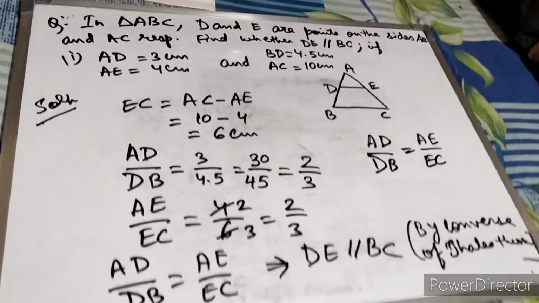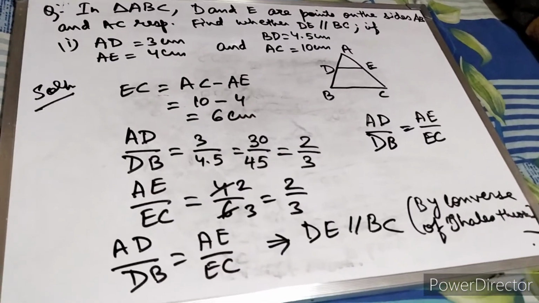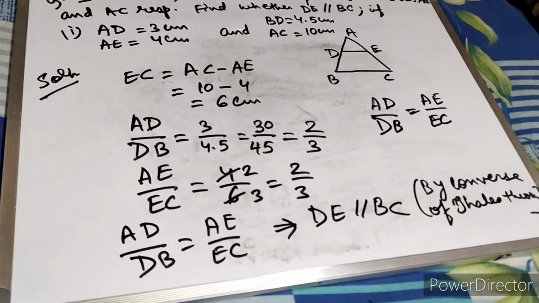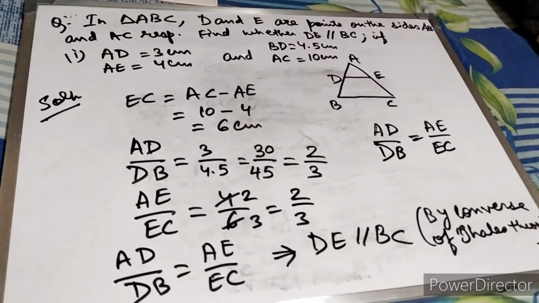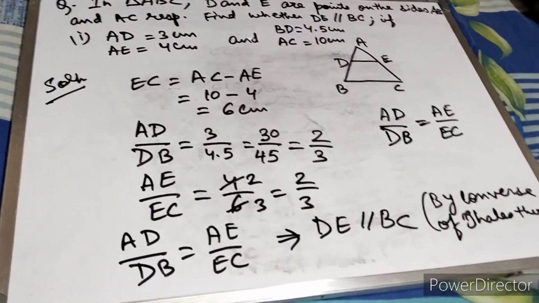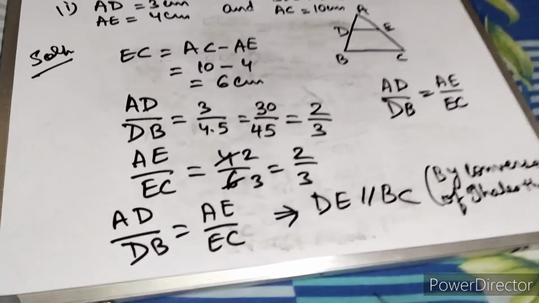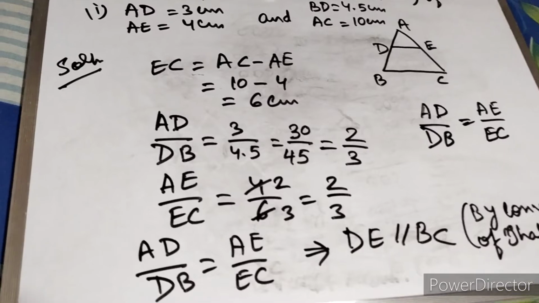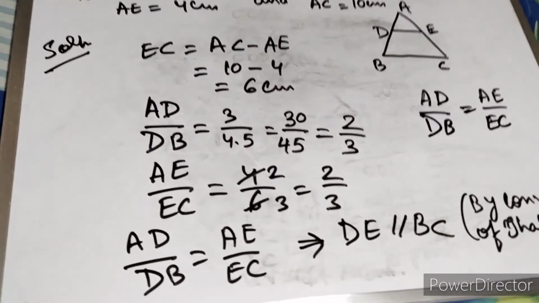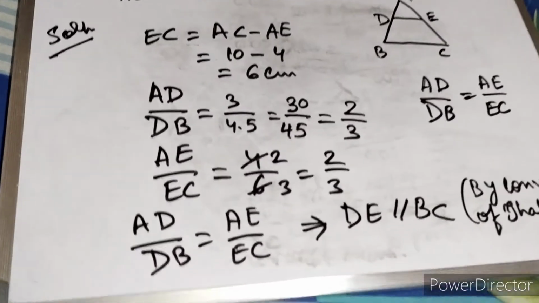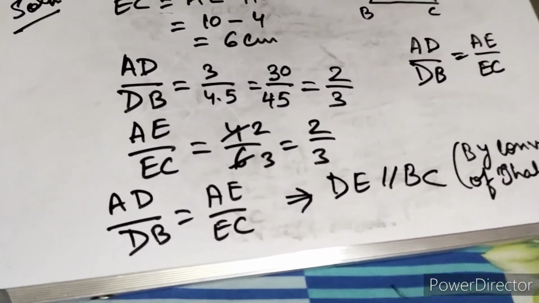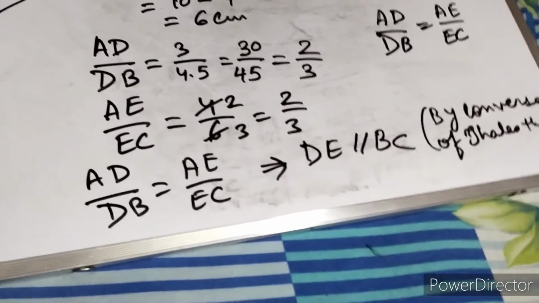Okay, I hope you understood this question, how to apply the Thales theorem, how to understand. If you understand the theorem properly, it's very easy. Many students find triangles very difficult, but actually it's not that difficult. If you understand the theorems properly, go through the examples of your book first of all.